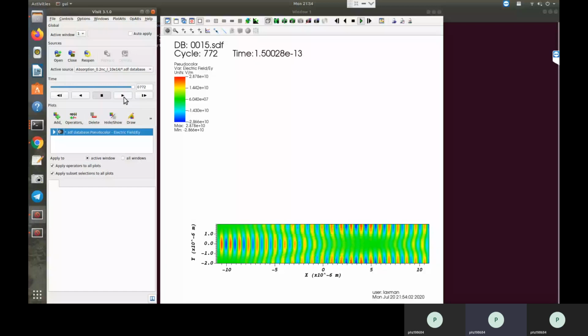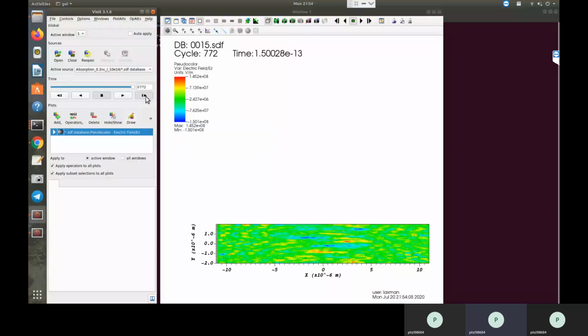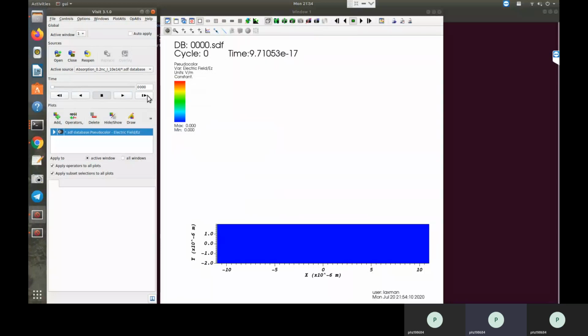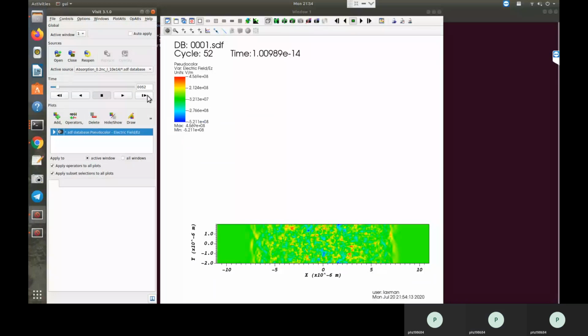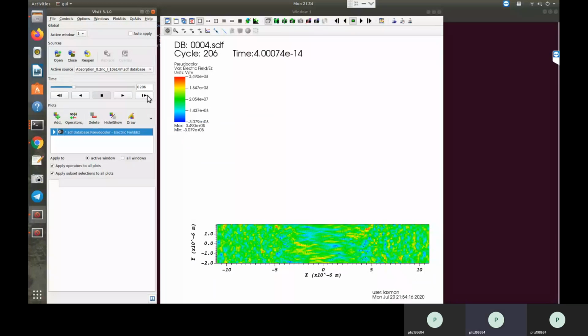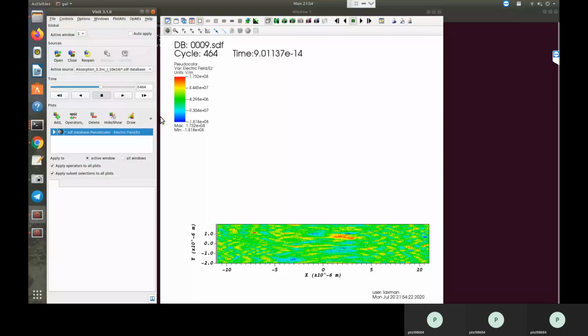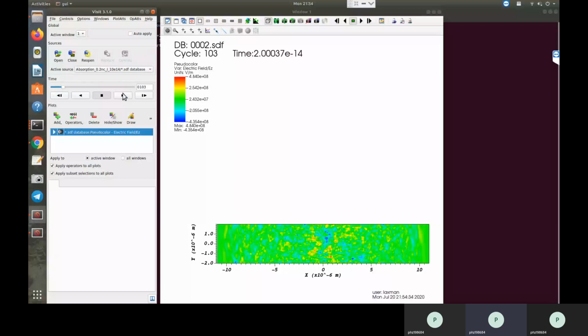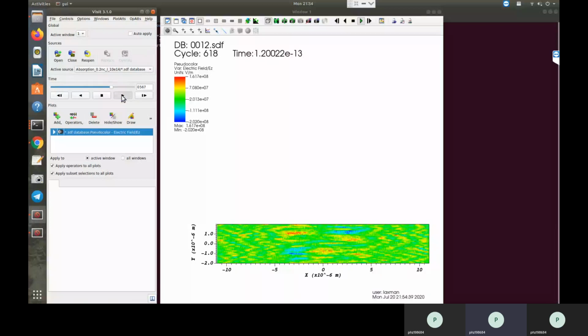Also, if you want to plot the electric field along the z direction, at time t equals 0 it will be like this. This is the electric field along the z direction. We can see it in movie form also, like this.